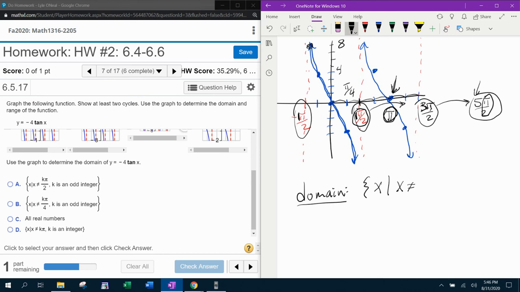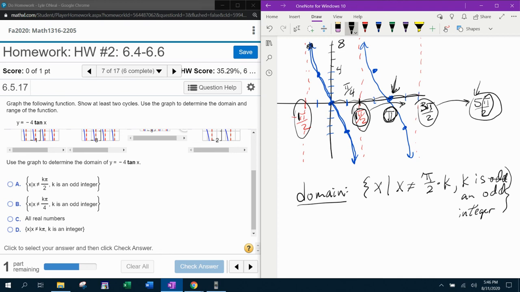And we said that these asymptotes occur at odd values of pi over 2. So we're going to say pi over 2 times k, where k is an odd integer.